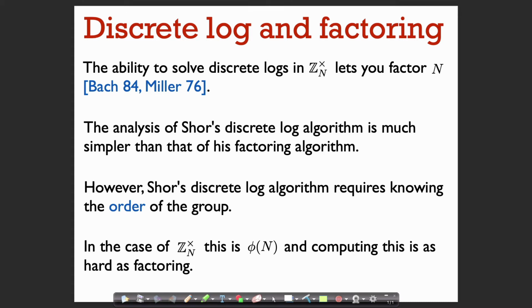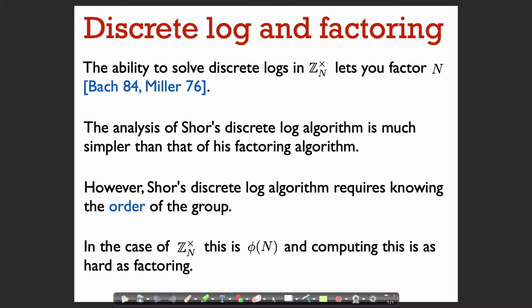So although there is this close connection between the discrete logarithm problem and factoring, the analysis of Shor's discrete logarithm algorithm, I would say, is much easier than that of his factoring algorithm. His discrete log algorithm does not suffice to give his factoring result.